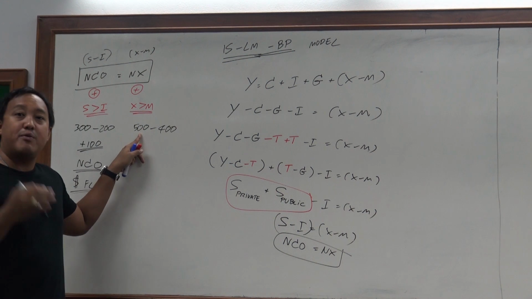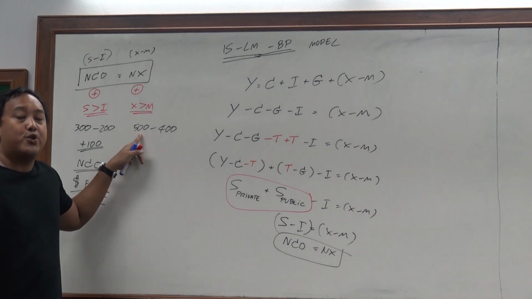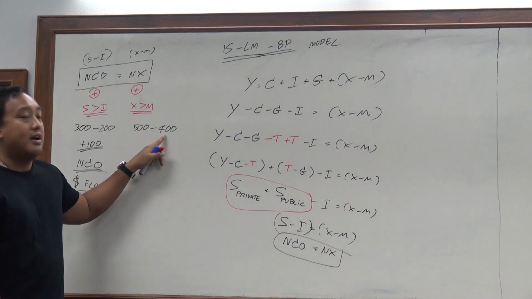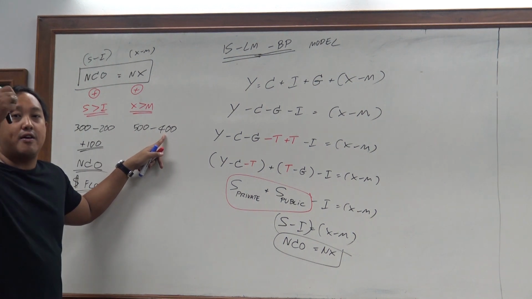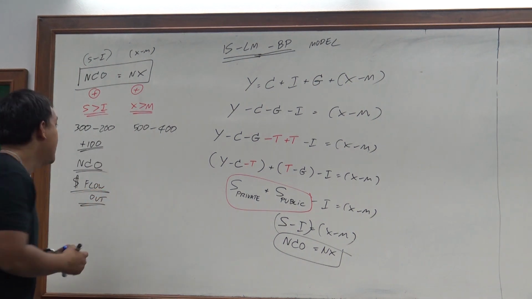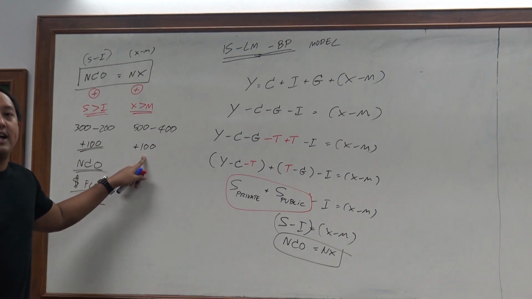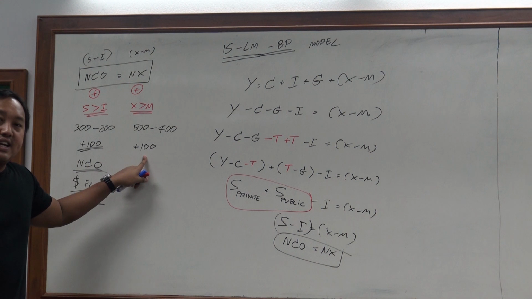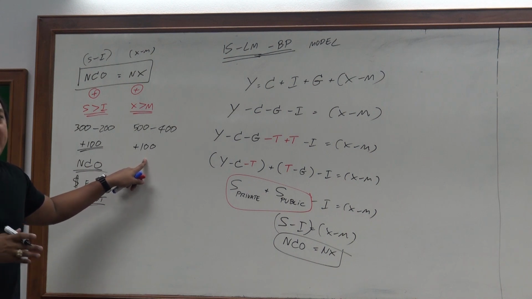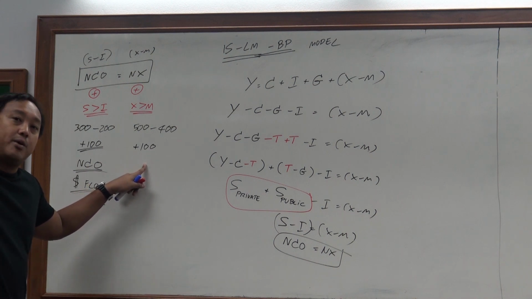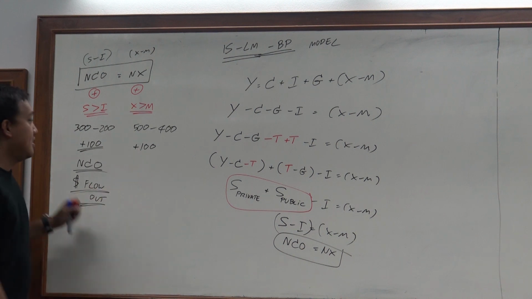If we export 500, we earn $500 million from the other country. If we import 400, we spend 400 out. So this becomes plus 100. Export more than import means that, for the net value, we earn $100 million from the rest of the world.